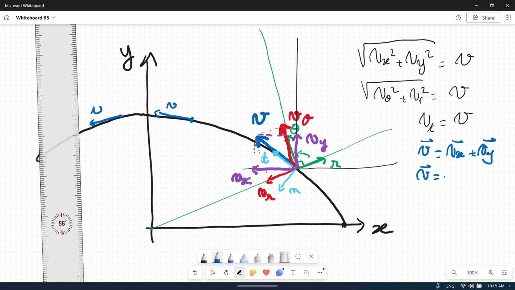If you add v theta as a vector plus vr as a vector, you get v. So everything needs to be coherent and the same. I hope it helps you to draw your velocity in different referentials. Let me know if you have more questions.